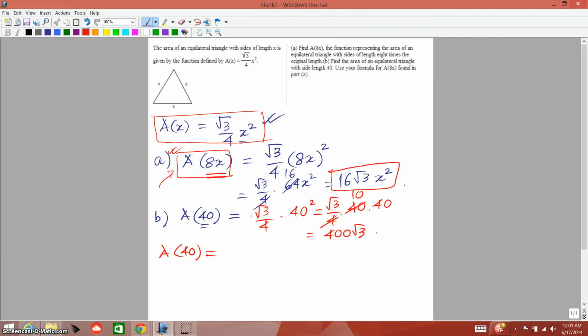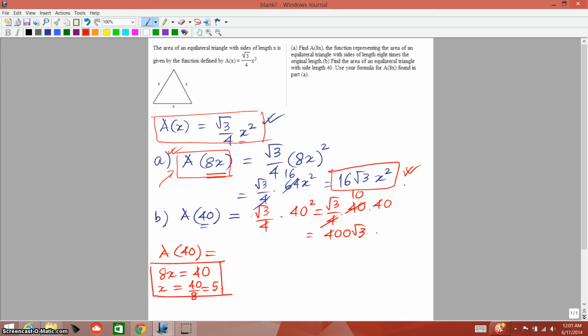So what I'm saying is actually 8x became your 40. So you have to solve for your x, and x now becomes 40 divided by 8, which comes out to be 5.